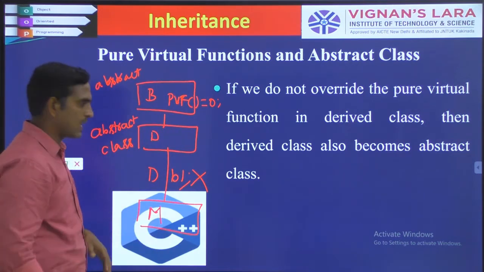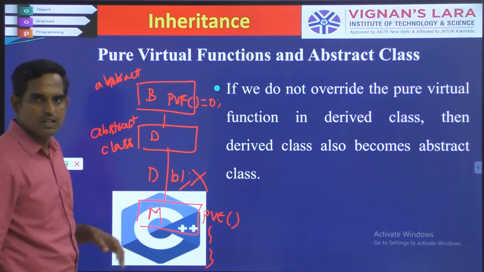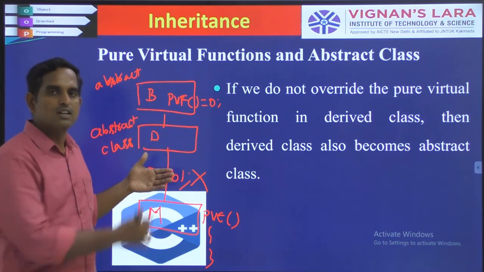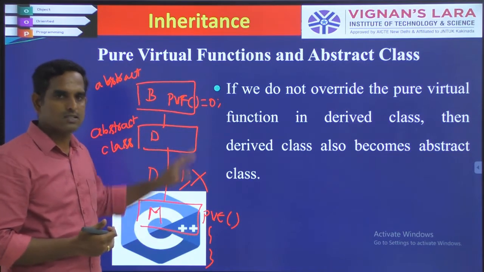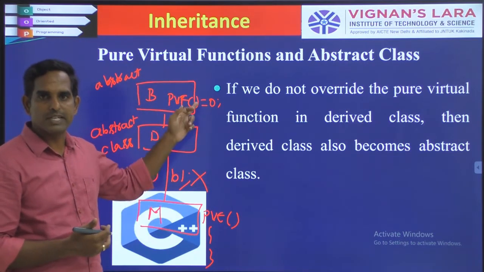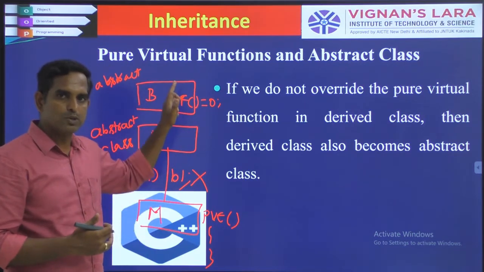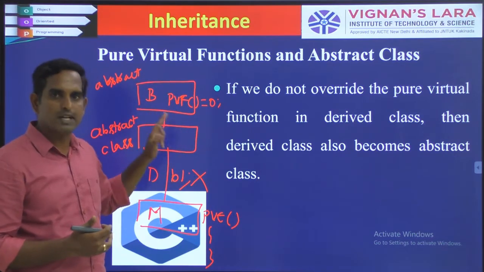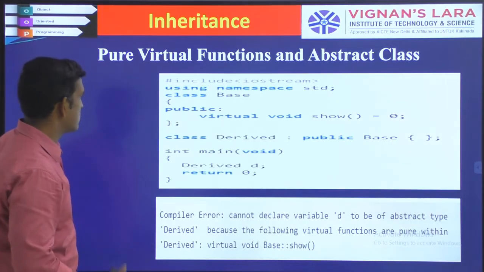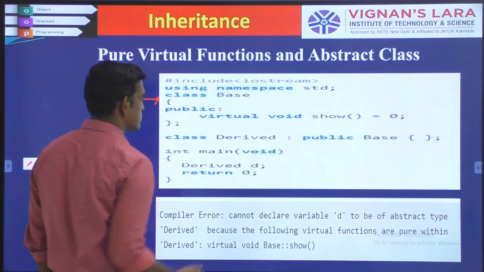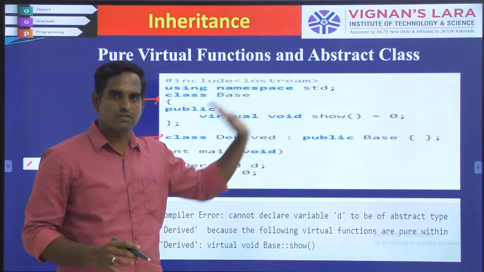So there should be some derived class which has the implementation of your pure virtual function. Until then, all the further hierarchical classes will become abstract classes. One of the derived classes of this hierarchy should have the implementation of your pure virtual function. For example, there is a base class with pure virtual function show, and there is a derived class which doesn't have any implementation of the show method.